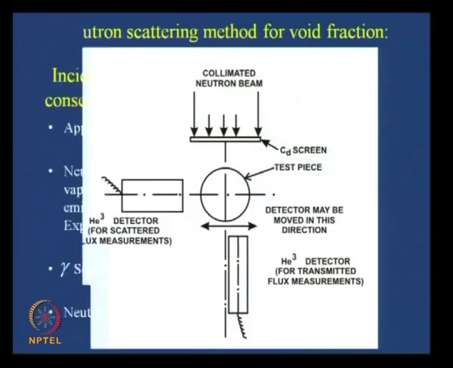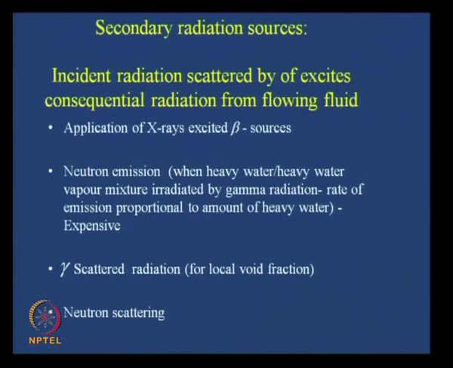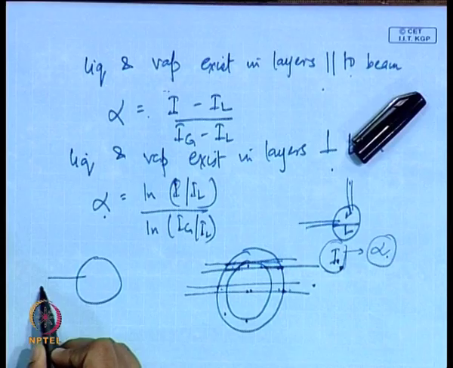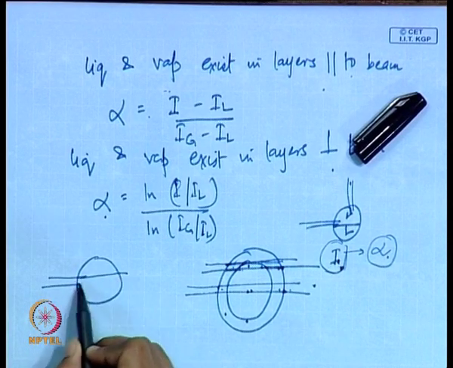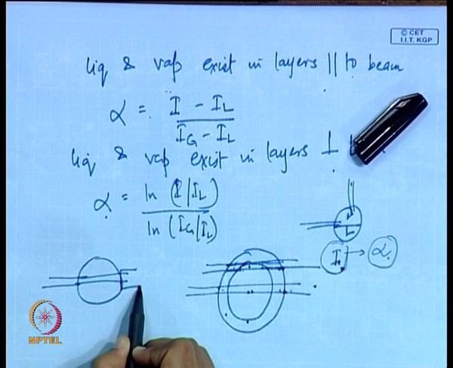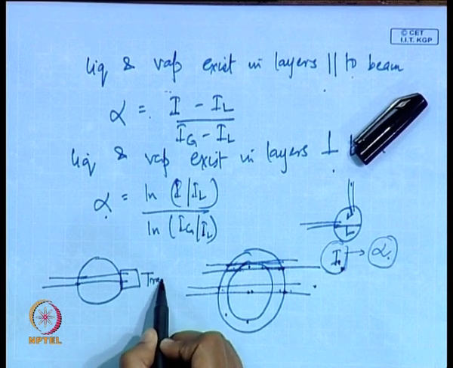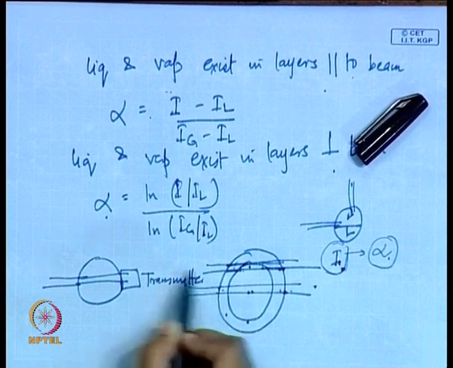The best thing is, suppose from here we have a gamma source and a good amount of it is absorbed, we have a detector here and we also have a detector here.